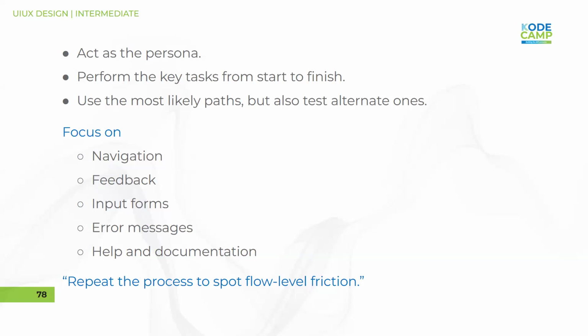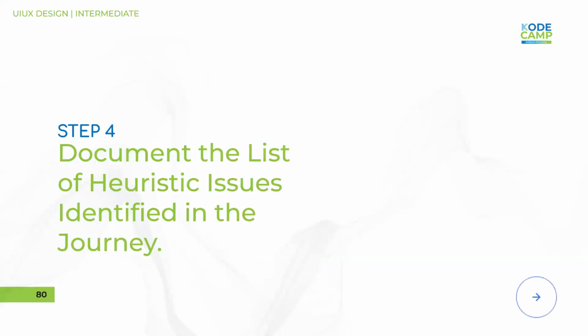Which one do people feel more comfortable using? Then go with that one. Your focus should be on navigation, feedback, input forms, error messages, and help documentation. Repeat the process over and over again, because this is going to help you sort out where the problems are, and the different types of problems.